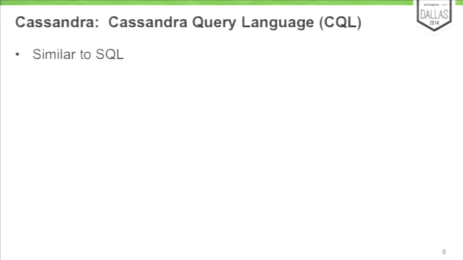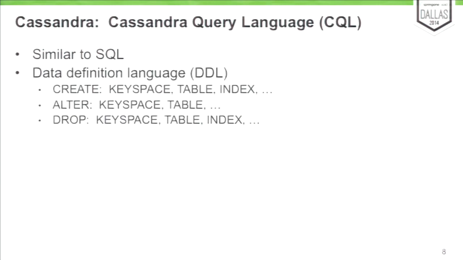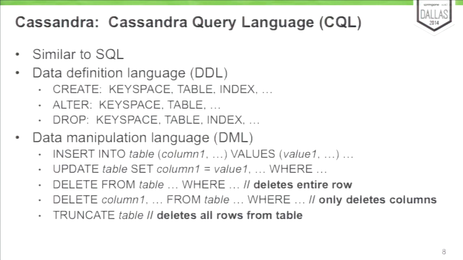So the interface that you use to interact with Cassandra is very much like SQL. I can't say SQL because it's both CQL and SQL. It is a language very similar to SQL. It includes a DDL, a data definition language, with your basic create, alter, and drop key space and table statements, and the data manipulation language statements that you would expect: select, insert, update, delete.